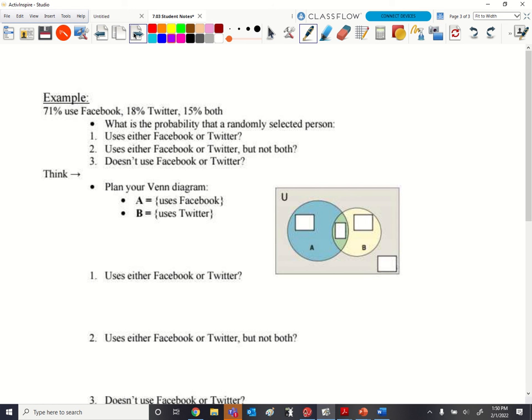Okay, so now it's like Facebook or Twitter. So this is the fourth statement. So we're going to do this plus this, right? Like we would have some that are in both groups. And that's one of them.